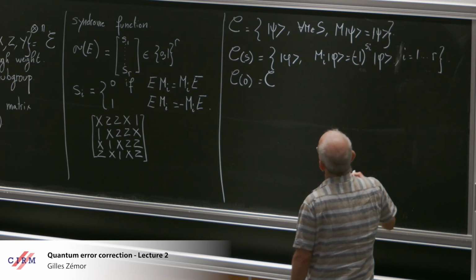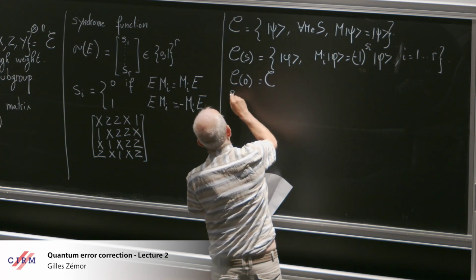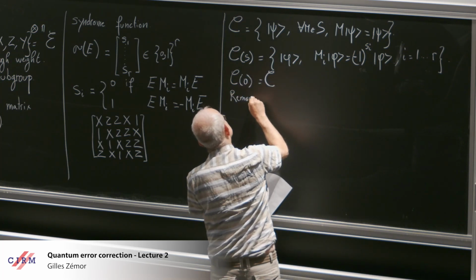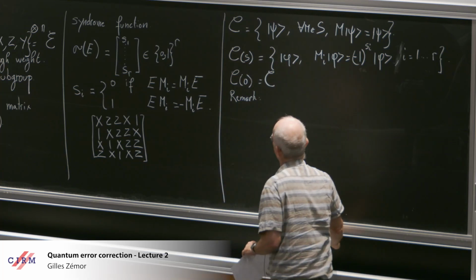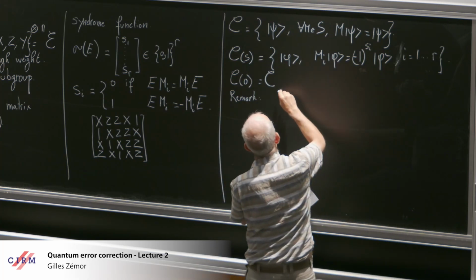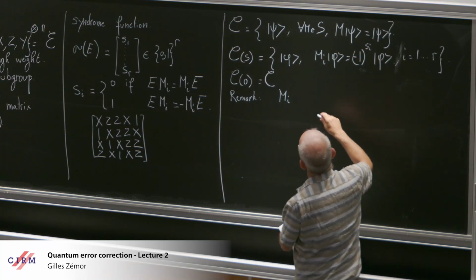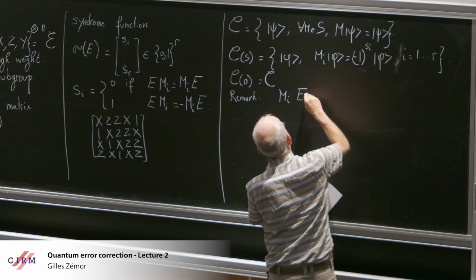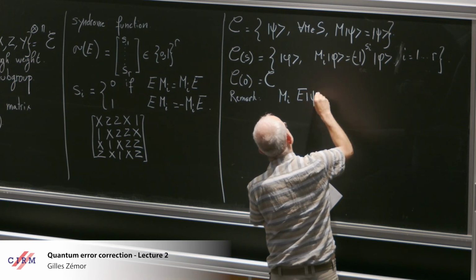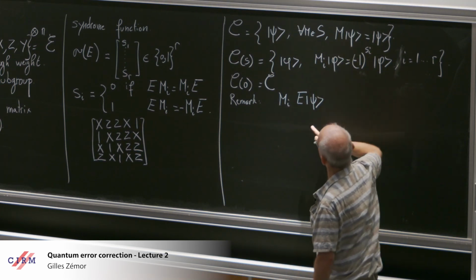And we can see what happens when we have an error. So this important remark that we made last time is what happens if we apply Mi to a corrupted encoded state. So psi belongs to the code.